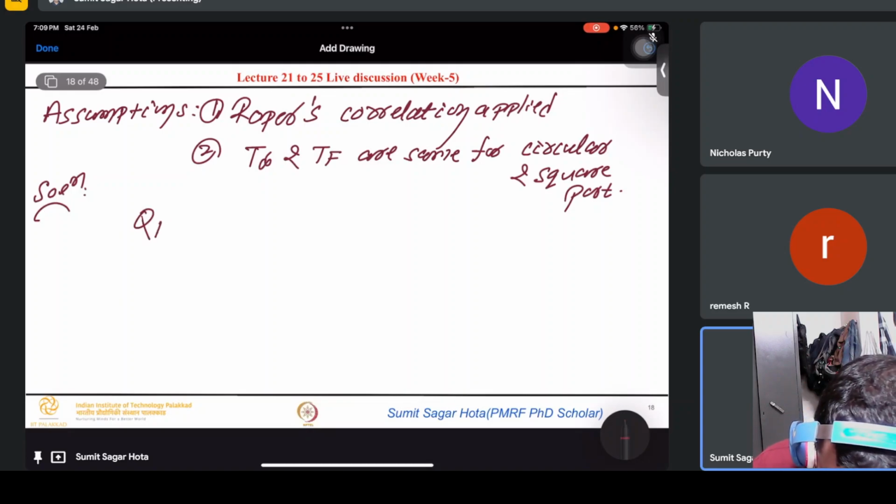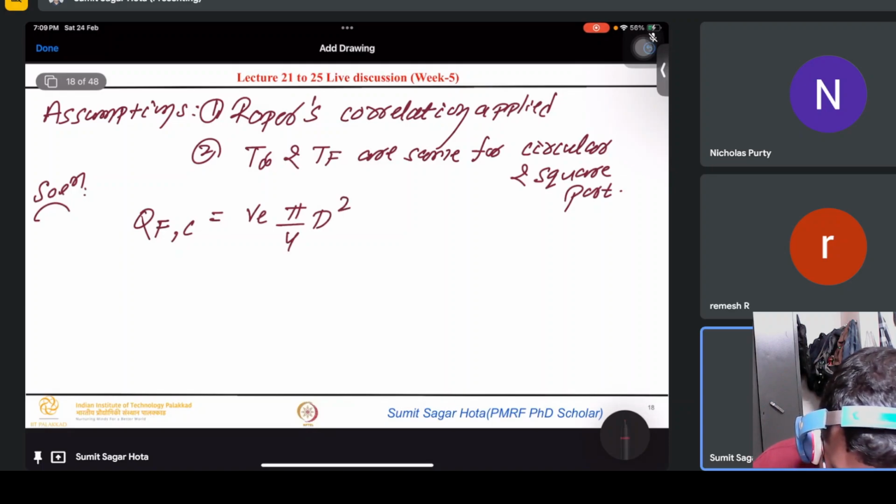The Q_F for your circular port is pi by 4 D square, that is your L_F.